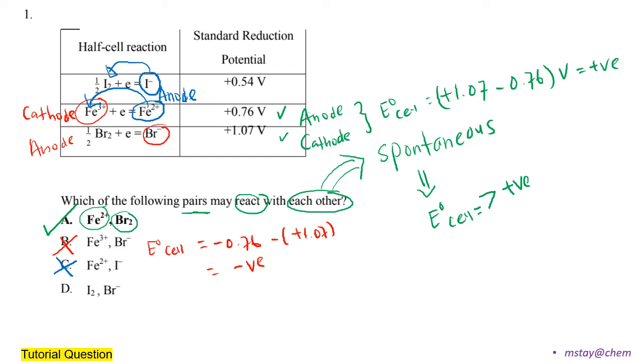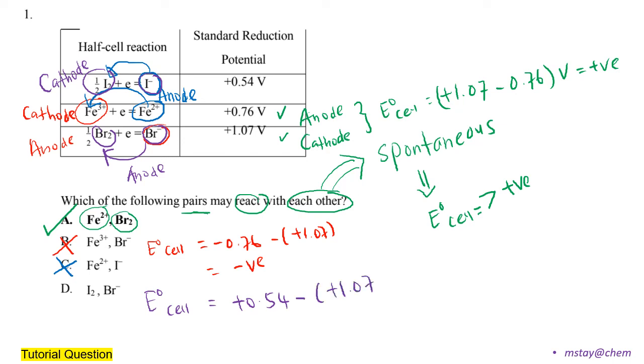Last pair: iodine becomes I-, so this one undergoes reduction, with iodine as the cathode, and then Br- becomes Br2, so this one is oxidation, the anode. Again, we use E° cell equals cathode minus anode. The cathode is positive 0.54 minus the anode, positive 1.07.